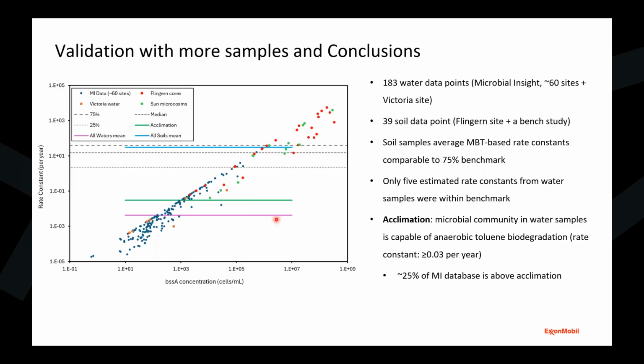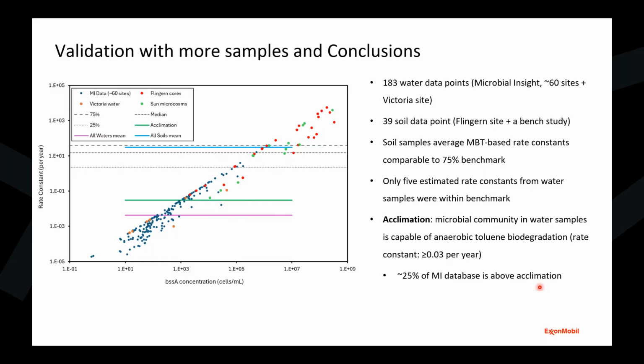If you then calculate the mean of all the soils and all the water samples, the picture is not too dissimilar from what we saw before. Basically, all the soil sample averages appear very close and for sure within the benchmark, while all the water samples are down here.